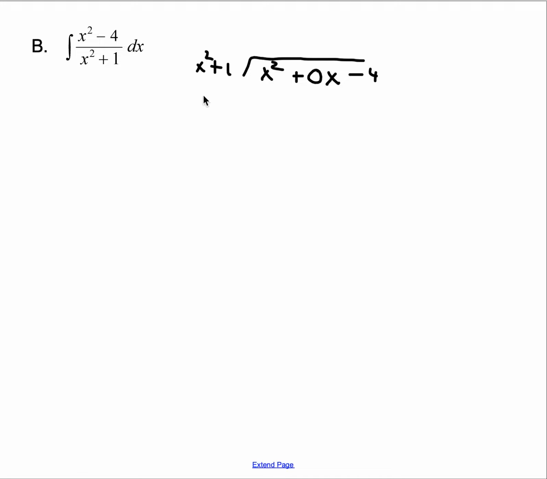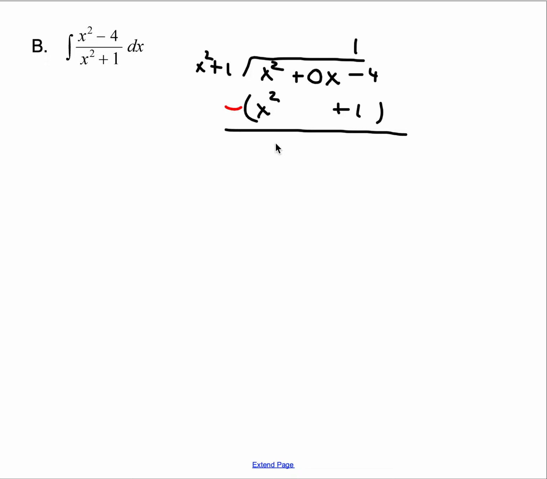And now I ask myself, x squared plus 1, what can I multiply this by to cancel one of these out? And the answer is just going to be 1. If I multiply x squared plus 1, I end up getting x squared plus 1. And don't forget that you have to subtract, right?